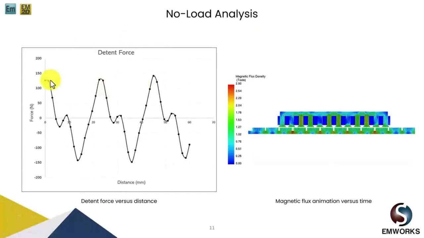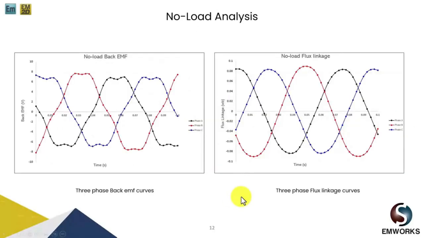Another important plot is the flux density plot. Using this instantaneous flux plot, the motor designer knows the behavior of the flux path and the region where it is saturating. Moving ahead, we have the no-load back EMF and also the magnet flux linkage.